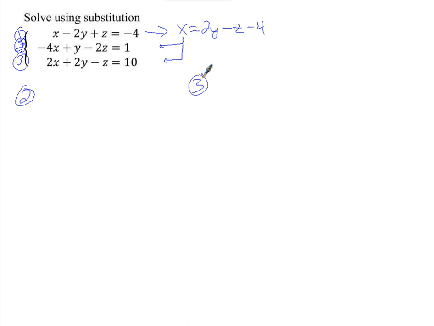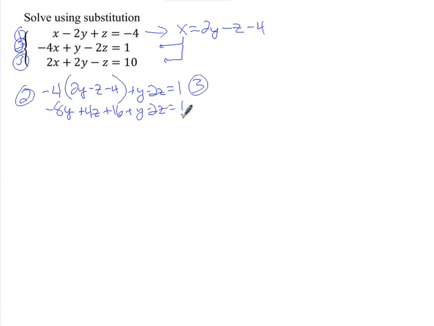So equation 2 is negative 4 times x, but x is 2y minus z minus 4. Then plus y minus 2z equals 1. Simplify that down. Negative 8y plus 4z plus 16 plus y minus 2z equals 1.